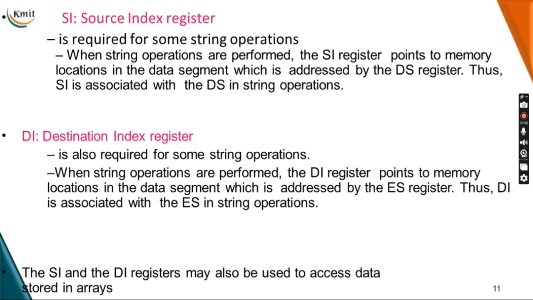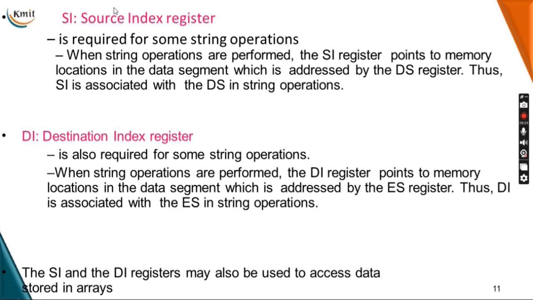And the next are the index registers, source index and destination index. These two are the index registers. The source index register tells where the source is, from where I need to take the data.